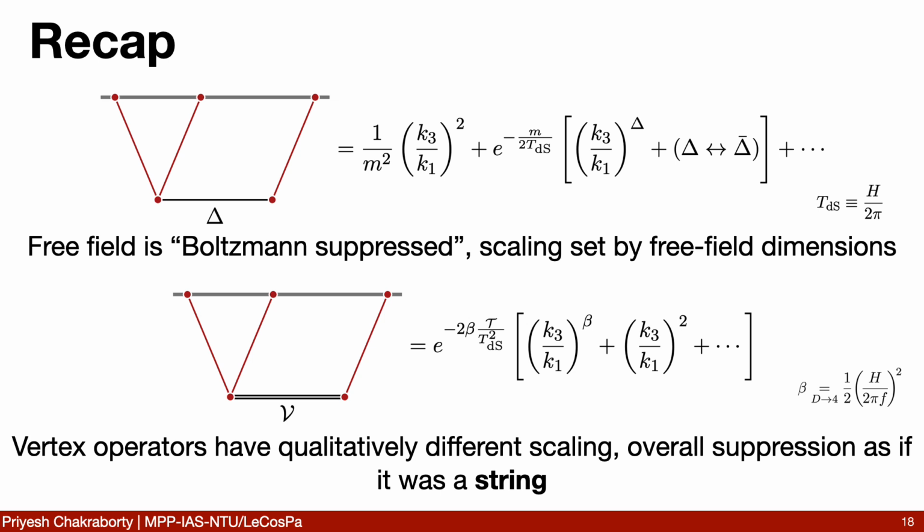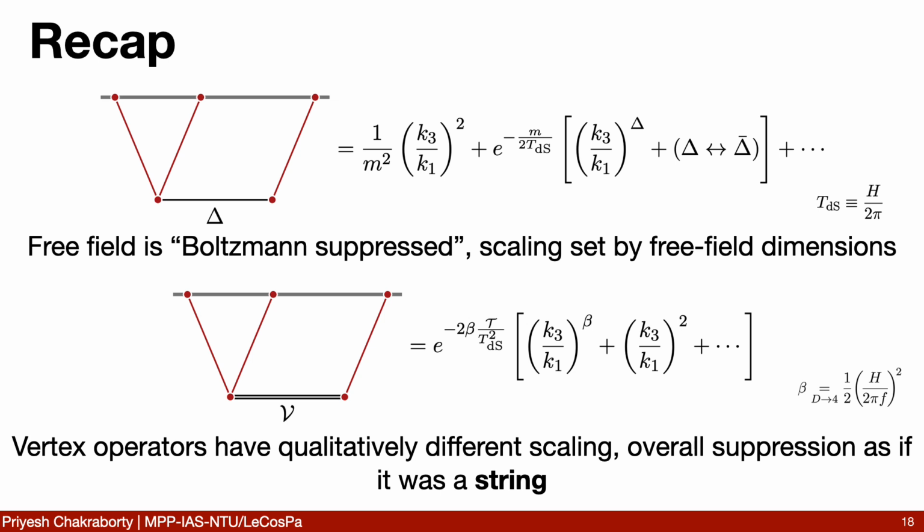Now, one can also express this exchange process for axions in a similar fashion, where of course you have these interesting scalings and these interesting exponents, which are set by a different ratio altogether, H over f, but also the overall amplitude, as I mentioned, is going to be suppressed by the string tension divided by Hubble squared.